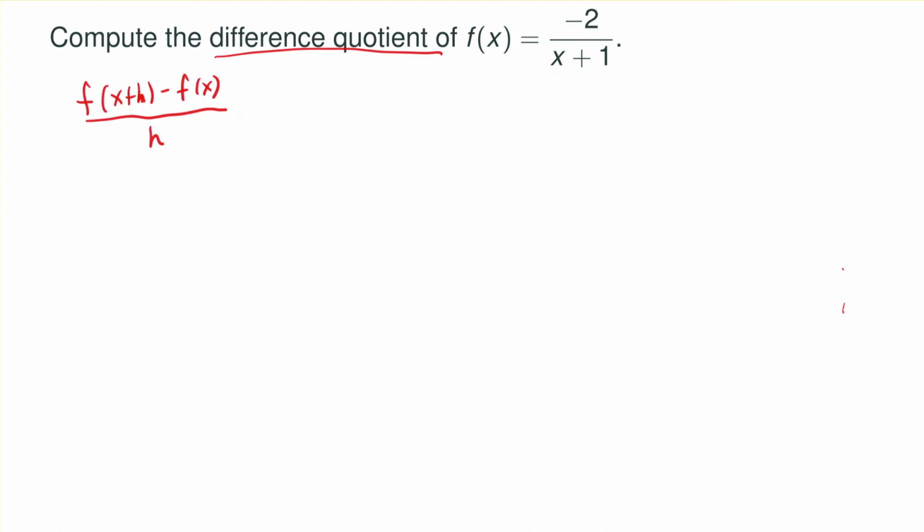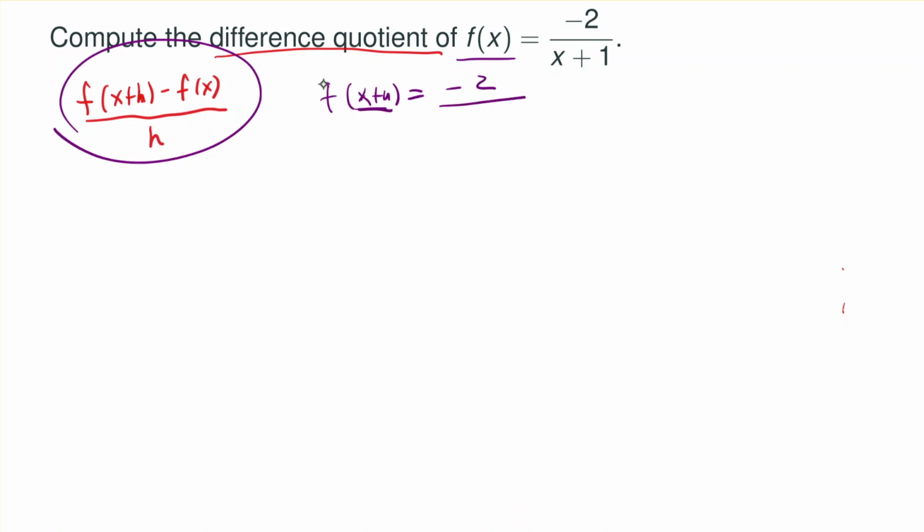So when we do this, we can rewrite this using the function right here. And if that's too much in the beginning, we can always write x plus h separately first and then combine into one fraction. So here I'm plugging x plus h instead of x as the input: x plus h plus 1.